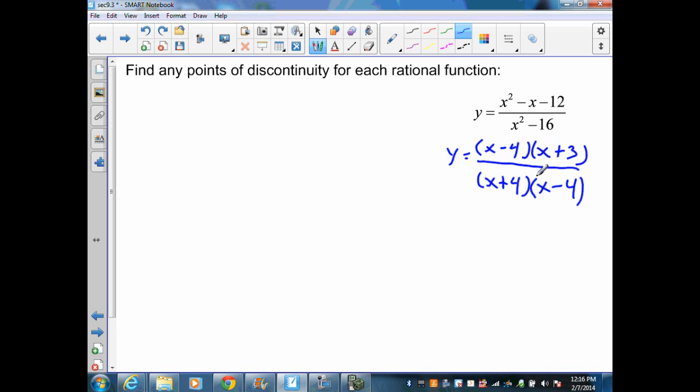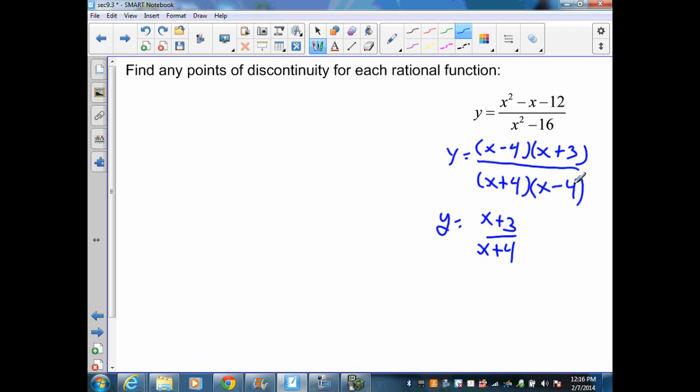I can cancel my x minus 4 out to simplify, and I can graph this rational expression to represent my original, which is x plus 3 over x plus 4. But I have to keep in mind my original denominator.